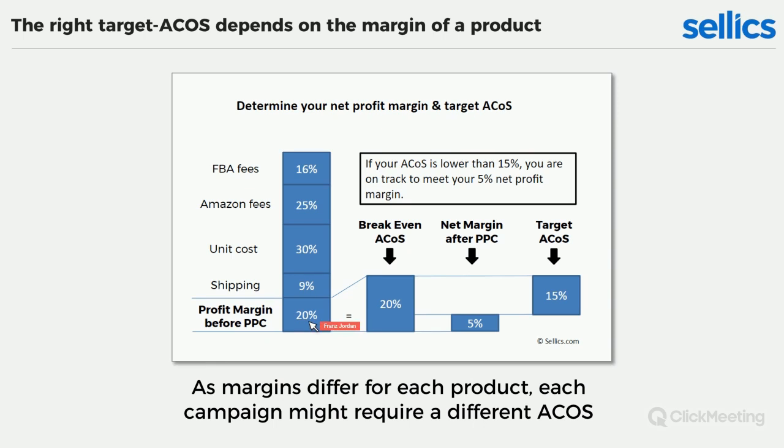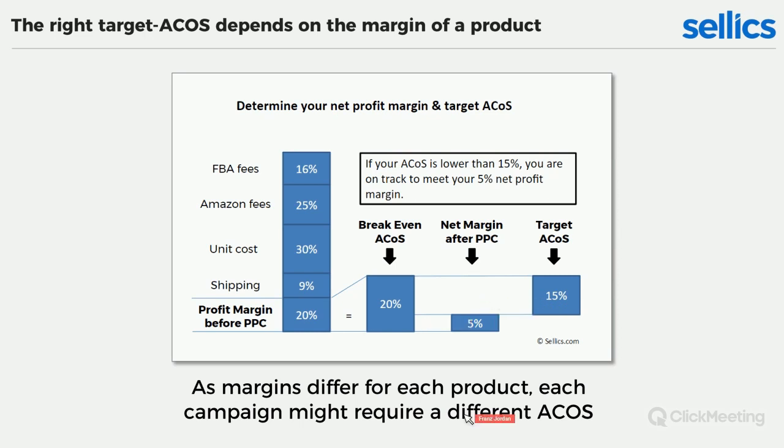So when you know that 20% is your net margin before PPC, then the question is, how much of this margin are you actually willing to invest into advertisement in order to generate a sale? Or in other words, how much net margin do you want to keep after PPC from this product? Depending on your answer, you will have your target ACoS.